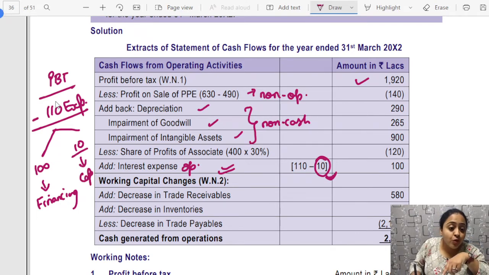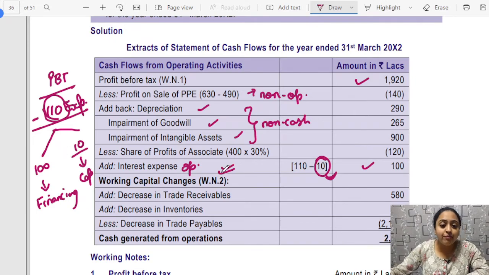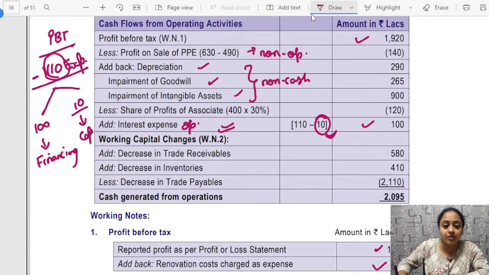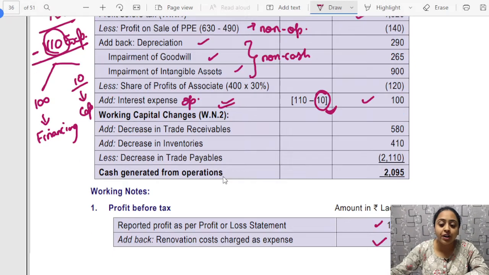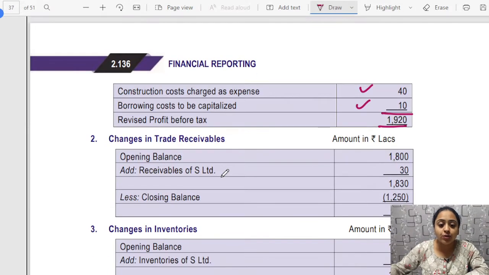So this whole 110 should be removed. Why have we deducted only 100? Because this 10 lakh that must be capitalized has already been removed in this 1920. As you know, in the working note we have already adjusted this 10.